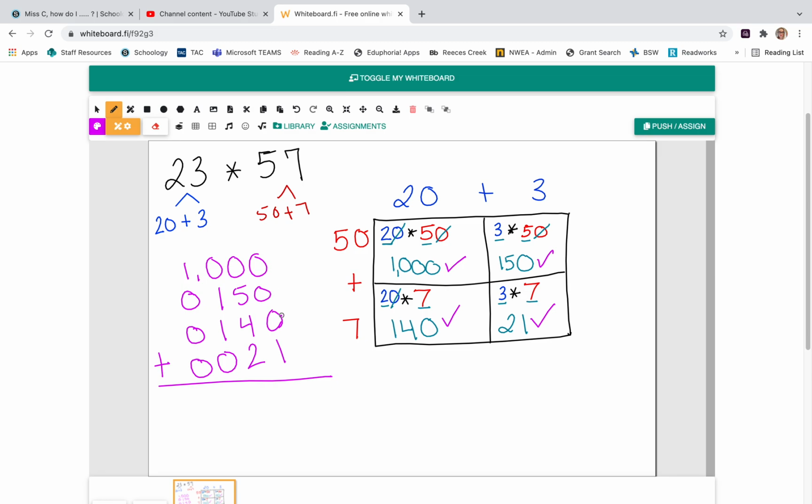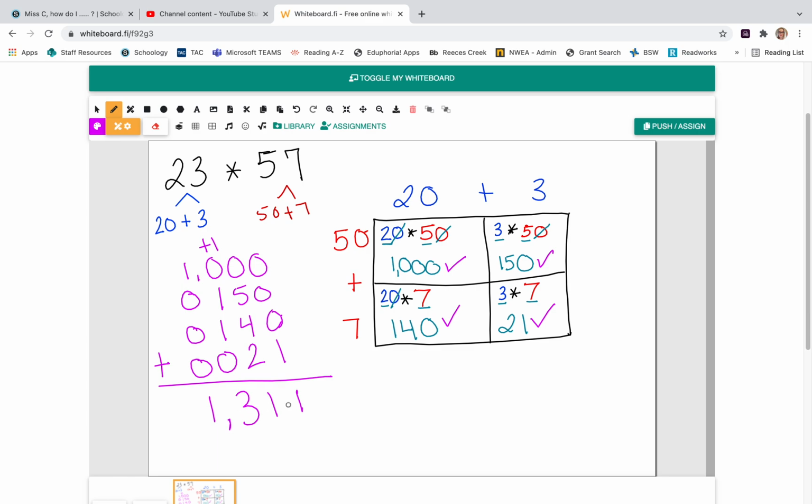0 plus 0 plus 0 plus 1 is 1. 0 plus 5 is 5. Plus 4 is 9. Plus 2 is 11. So I'm going to drop my 1 and I'm carrying my 1 to the next position. 1 plus 0 is 1. Plus 1 is 2. Plus 1 is 3. Plus 0, still 3. 1 plus 0 plus 0 plus 0 is 1.